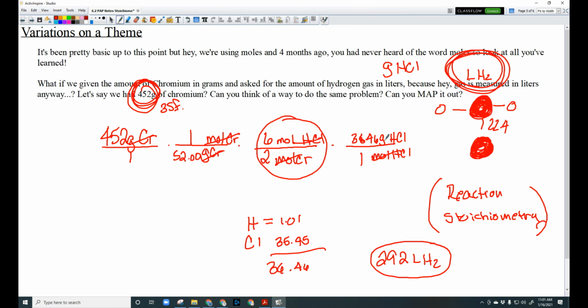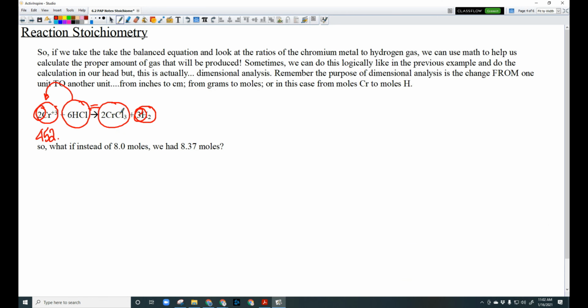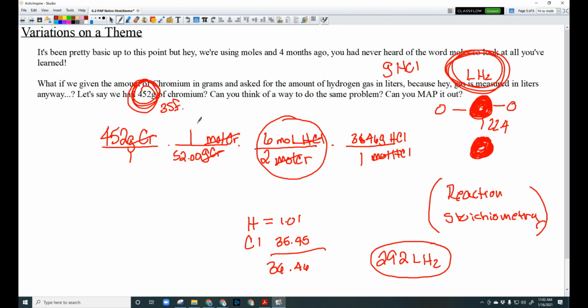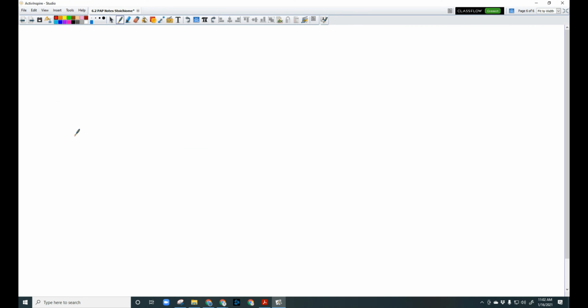And of course, everything else after it, because the molar mass of chromium chloride is different than the molar mass of hydrochloric acid. But this is the key right here: reaction stoichiometry, the mole to mole ratio, the molar ratio from the equation. All right, that's it. That's all that stoichiometry is.